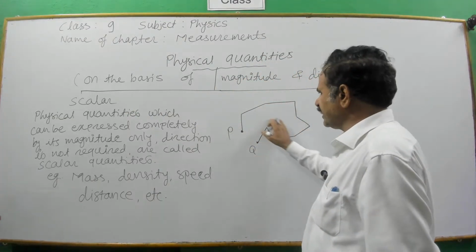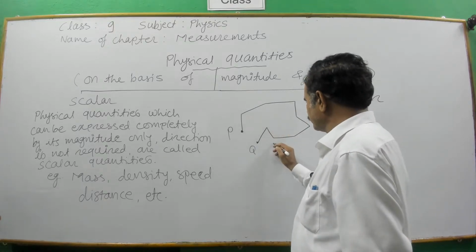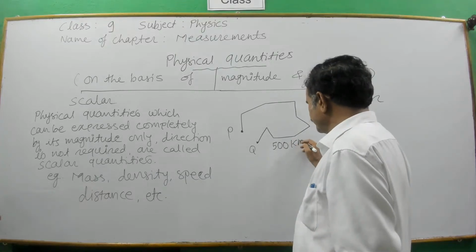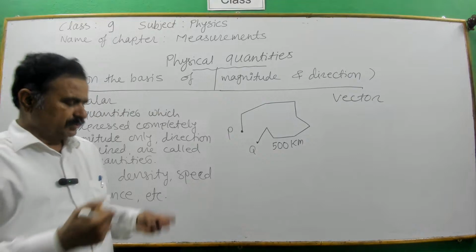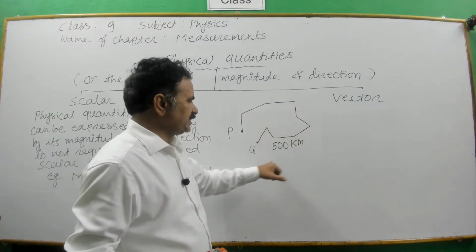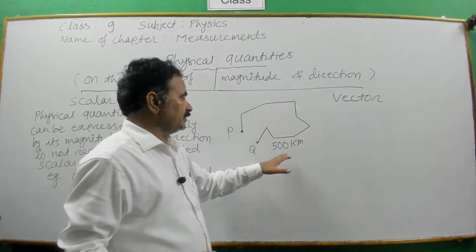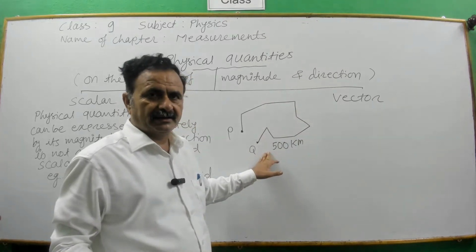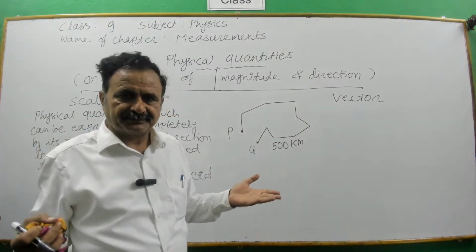So how much distance did I travel? Let's suppose 500 kilometer. This 500 kilometer is magnitude, and by means of it the distance I traveled is completely known, completely expressed.